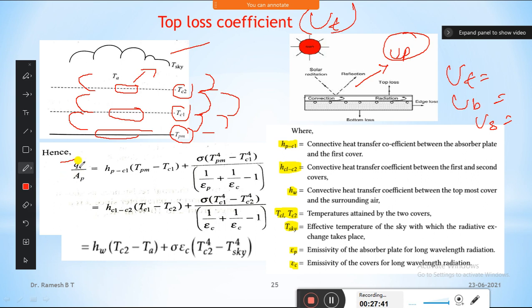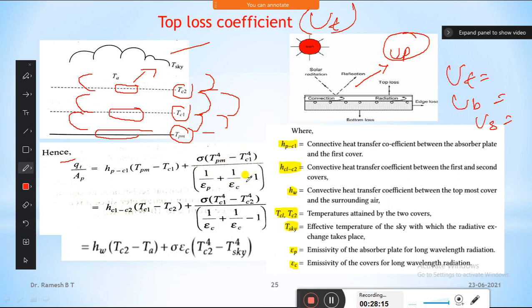So QT means the top heat loss, divided by AP, where AP is the absorber plate area, which is equal to hp-c1 into (Tpm minus Tc1), plus sigma into (Tpm to the power of 4 minus Tc1 to the power of 4) divided by (1/epsilon p plus 1/epsilon c minus 1).